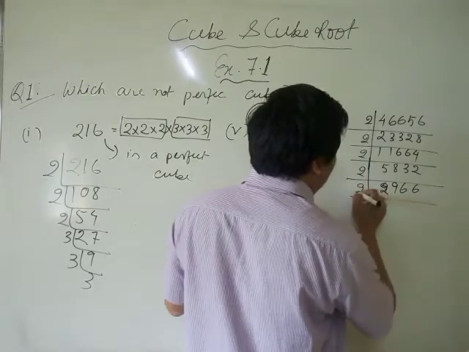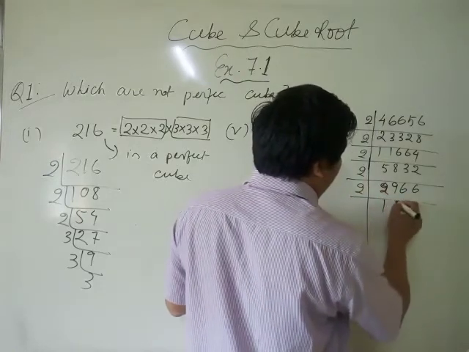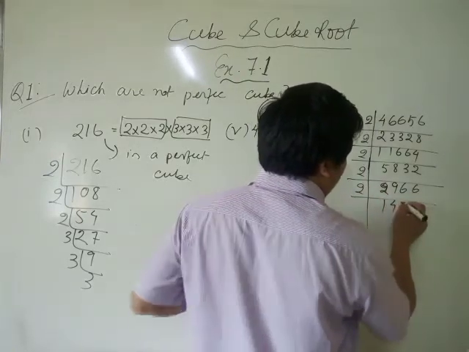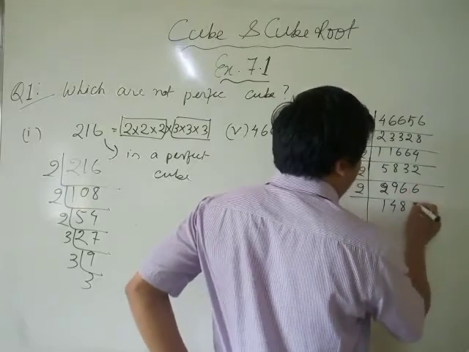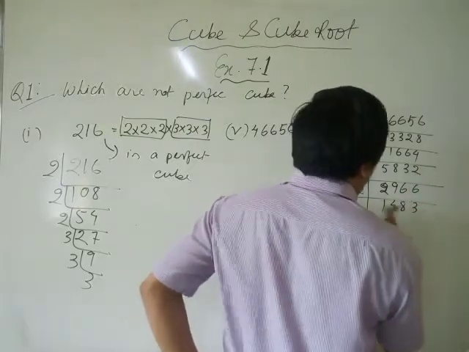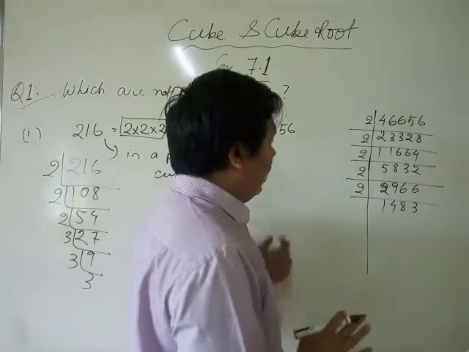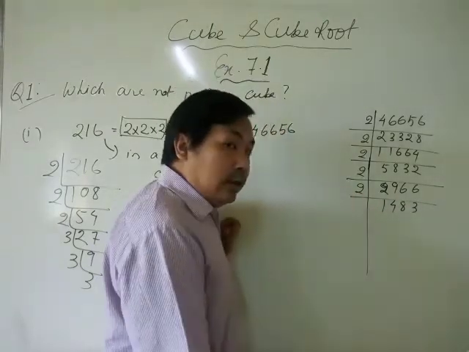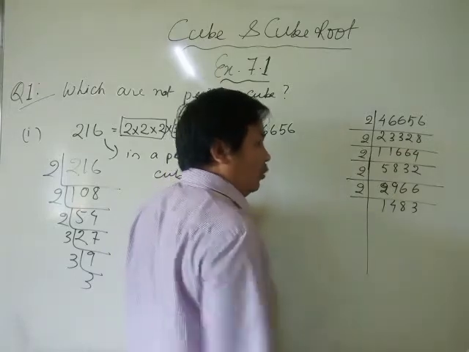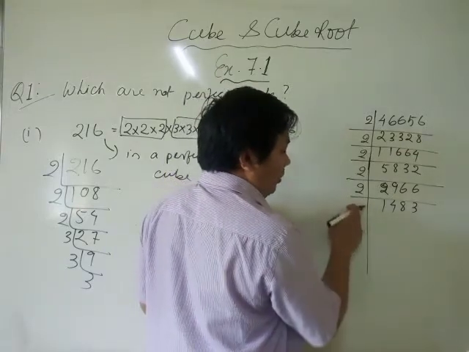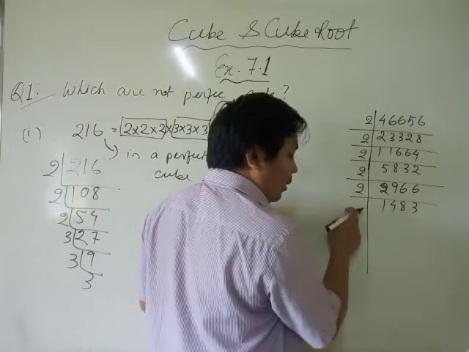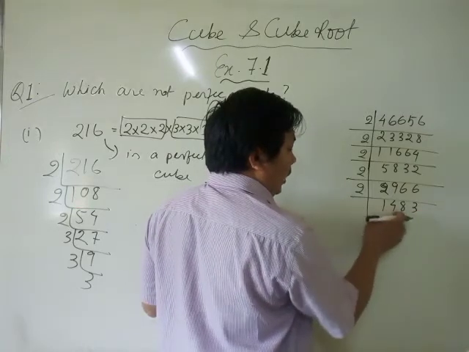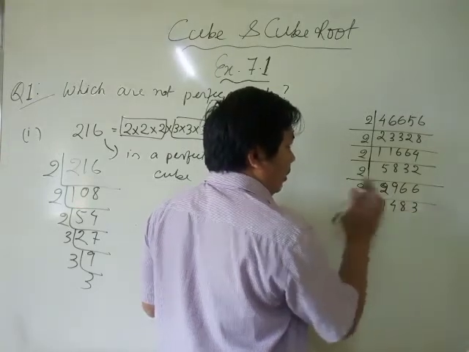Again with 2: 2 1s are 2, 2 4s are 8, then 16. Now here we are not able to go with 2 because the last digit is 3. Not able to divide by 2, isn't it? Now let us go for 3 and check whether 3 can divide or not.